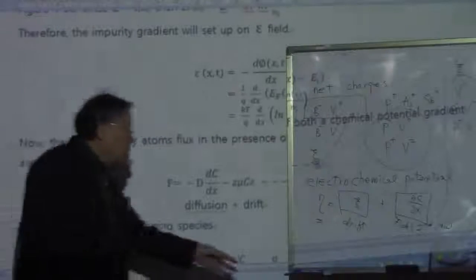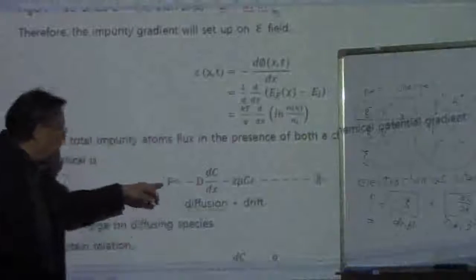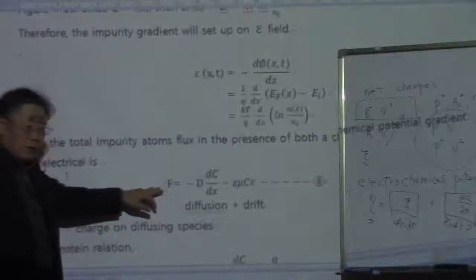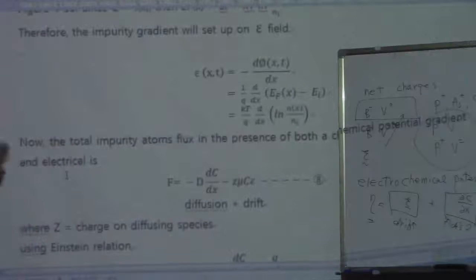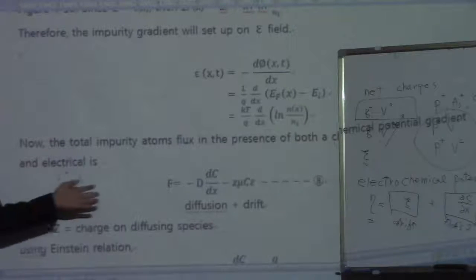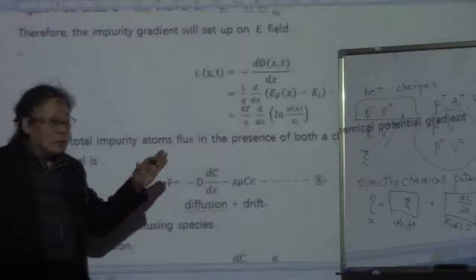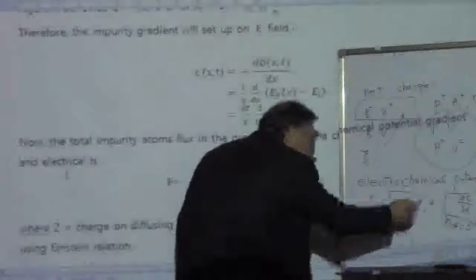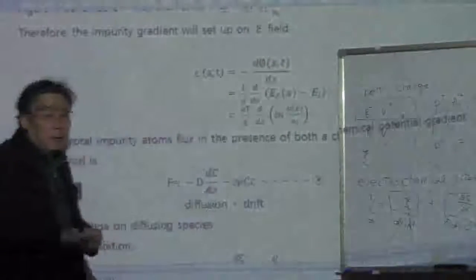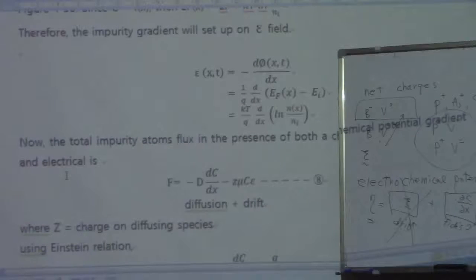So here we had that equation, the total flux in the presence of electrical and chemical potentials. We have to use this equation in the metallic systems. We don't have to worry about the electric field term, because in metals there are so many free electrons that we cannot have an electric field inside.